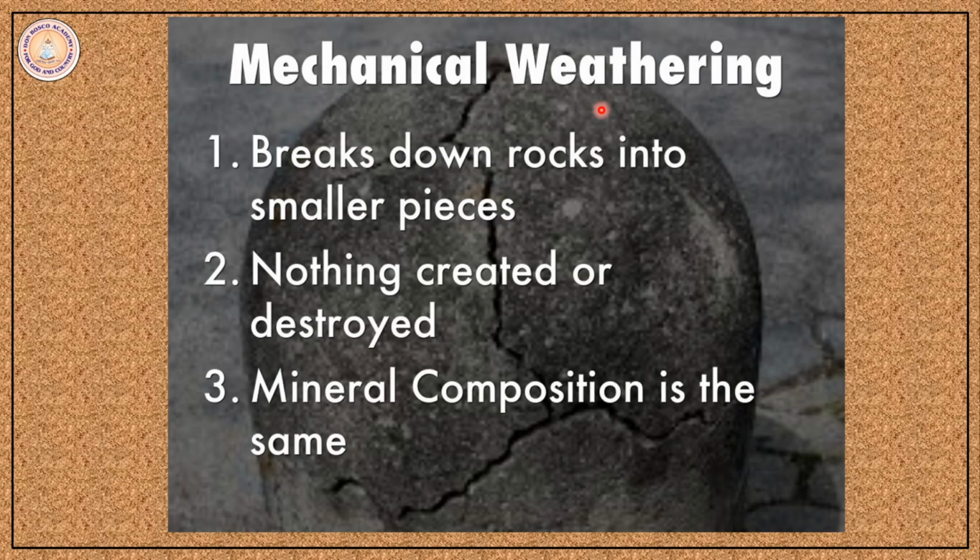In dry desert areas, there is extreme fluctuation of temperature. Now, this fluctuation is not only between day and night, but also during summer and winter. During the daytime, the rocks expand, and during the night, they contract.